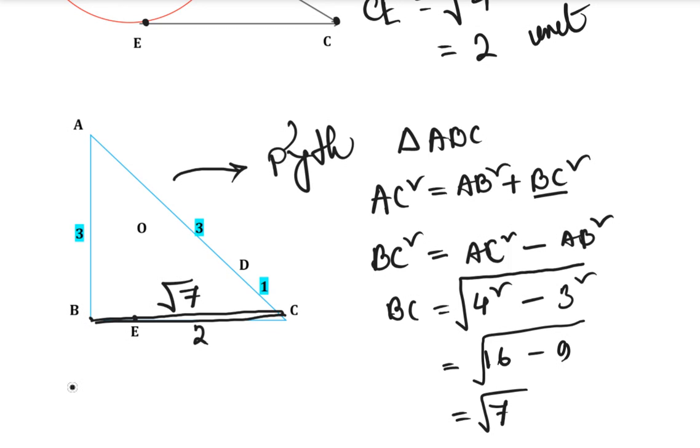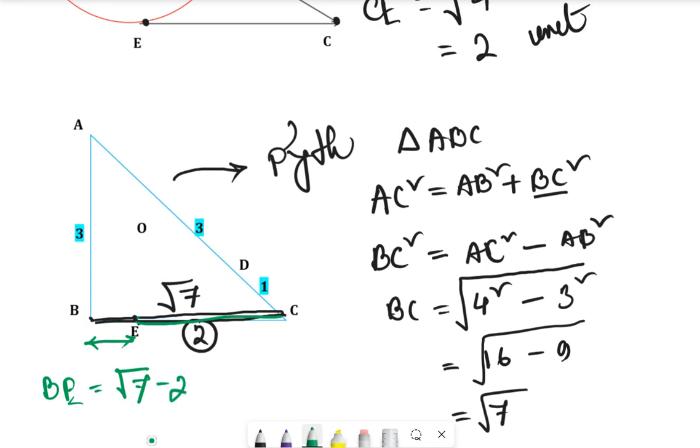And we already have the value of CE, which is 2. So BE will be, this length will be square root of 7 minus 2.